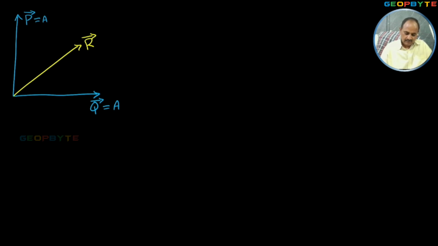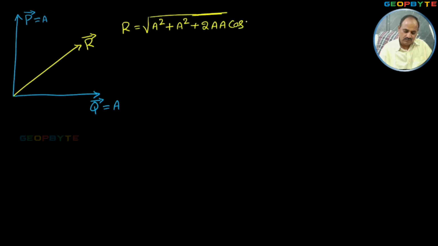Then what is R? R equal to root under P square plus Q square plus 2PQ cos theta, that is A square plus A square plus 2A into A cos. What is the angle between these two vectors? 90 degrees. Cos 90 degrees equal to 0.